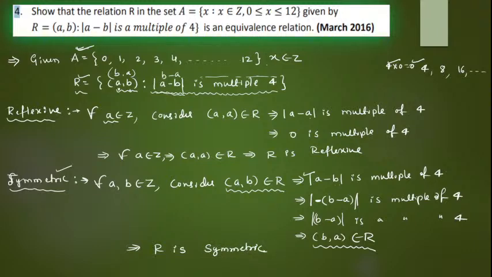So without checking the values 0, 1, 2, 3, 4 and so on, you can easily prove it by using this method. The same method applies to all of them. Just go through this.